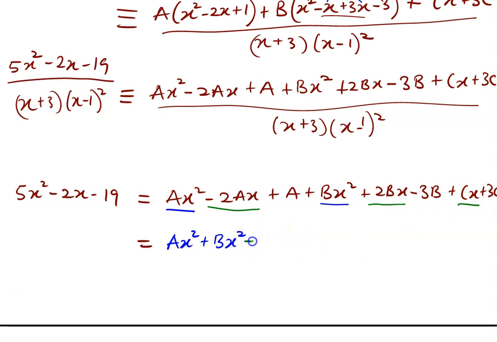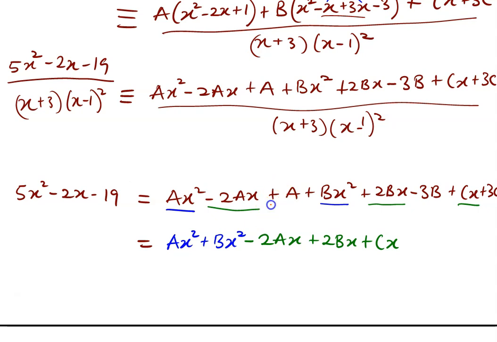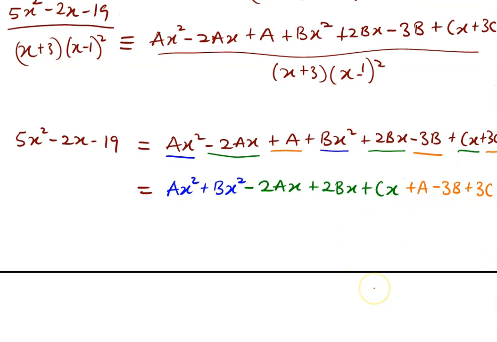So let me write them: minus 2ax plus 2bx plus cx. Do you get it? Now let's group the constants, which I'm going to use an orange ink. So I have plus a here, and I have minus 3b, and I have plus 3c. So you can see that they are clearly written, and I can now factorize them.